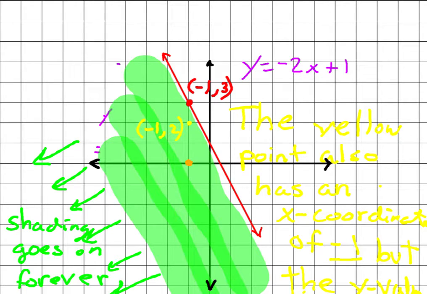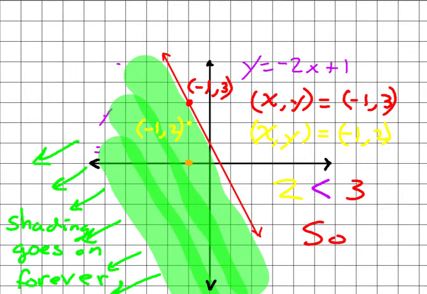The yellow point also has an x coordinate of -1, but the y value is 2. Once again, I apologize, the text is missing at the bottom there, but the y value is 2. So the y value for y equals -2x plus 1 is 3. The y value for the yellow point is 2. And I think you can agree that 2 is less than 3.